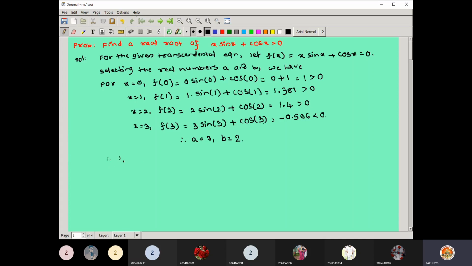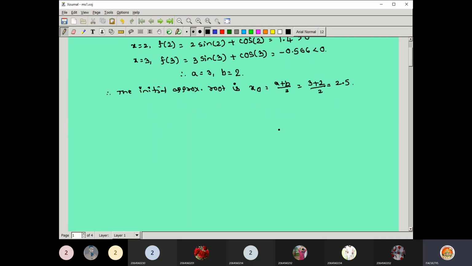Therefore the initial approximate root, starting solution x naught, equals a plus b divided by 2, that is 3 plus 2 divided by 2, which is 5 by 2, or 2.5. So the first solution is over.